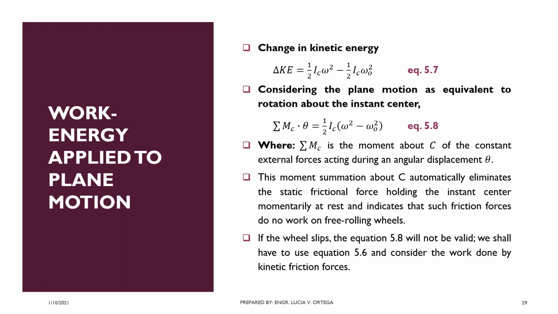This moment summation about C automatically eliminates the static frictional force holding the instant center momentarily at rest, and indicates that such friction forces do no work on free rolling wheels. If the wheel slips, equation 5.8 will not be valid. So we shall have to use equation 5.6 on the previous slide and consider the work done by kinetic friction forces.